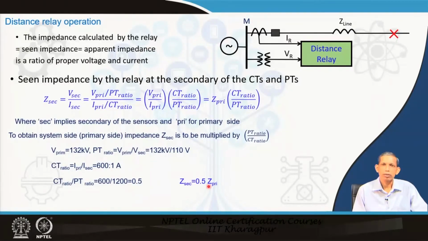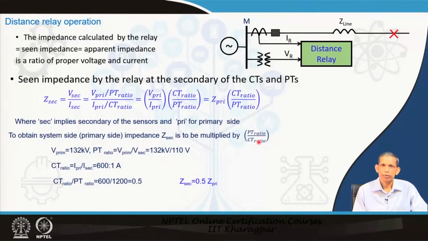So, if the relay calculates everything in terms of Z primary, because it is a numerical relay platform, then whatever Z secondary it has obtained is divided by 0.5, meaning twice the Z secondary. In general, you can conclude that to get the corresponding system side impedance, whatever Z secondary is obtained by the calculation of the relay should be multiplied by the PT ratio by CT ratio.